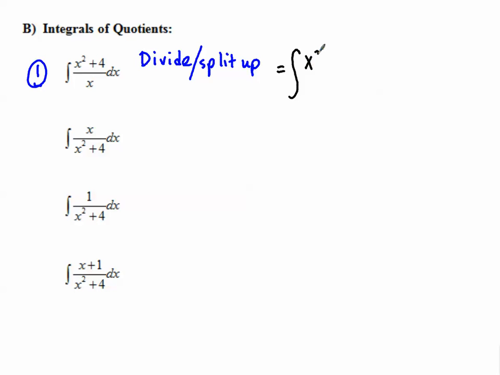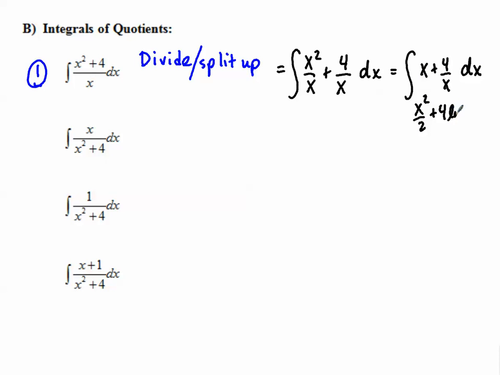X squared over x plus 4 over x with respect to x, and that makes x plus 4 over x with respect to x, and now I can integrate this part using my power rule, this part using natural logs. X squared over 2 plus 4 natural log of absolute value of x plus c.